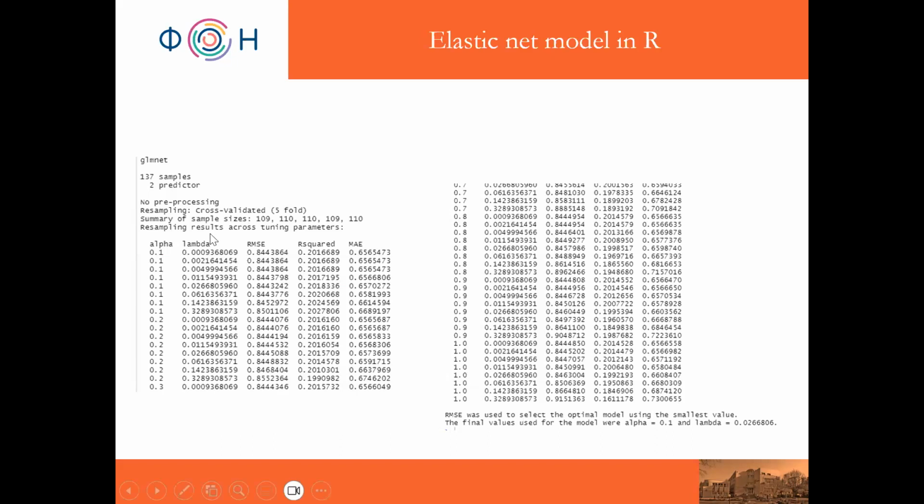So now when we have expanded the search space, we found a different combination of alpha and lambda, which maybe provides a better solution. So here our best alpha would be 0.1 and the best lambda here would be 0.0266.